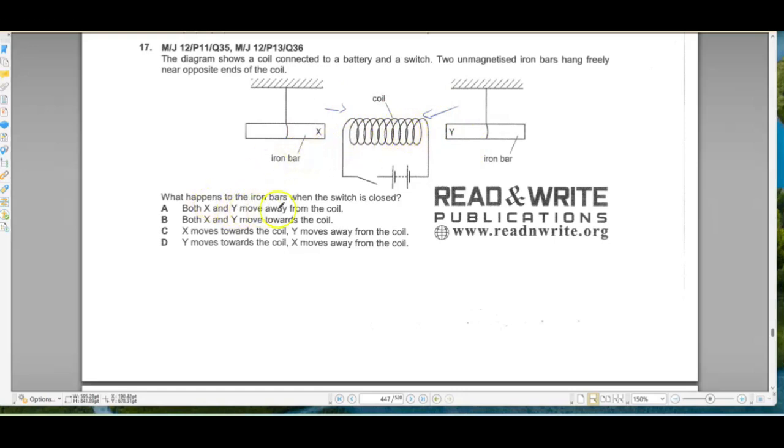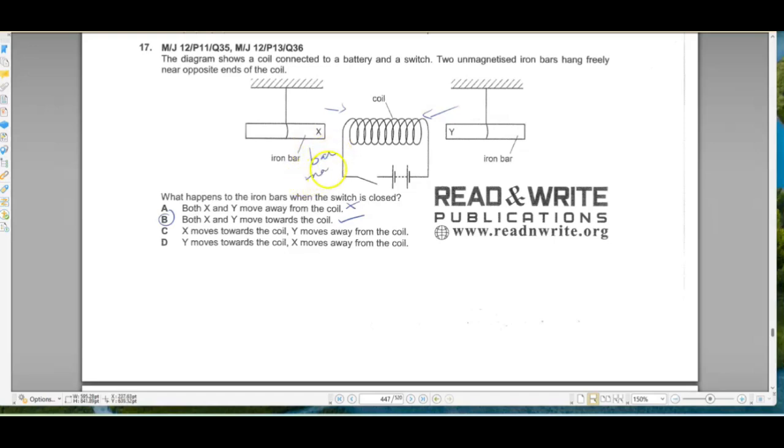So both X and Y move away from the coil. No, that is not correct. Both X and Y move towards the coil. Yes, this is correct. B is the correct option. These options would have been there if these were not iron bars but bar magnets.